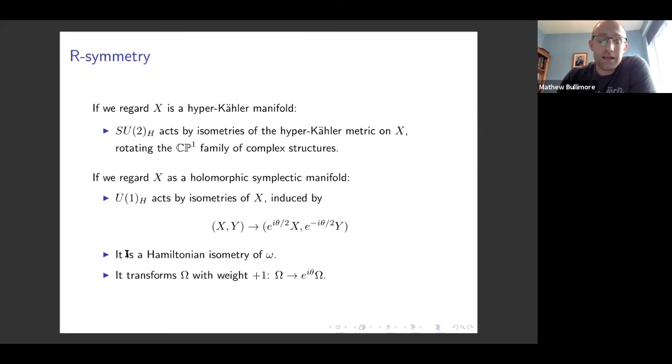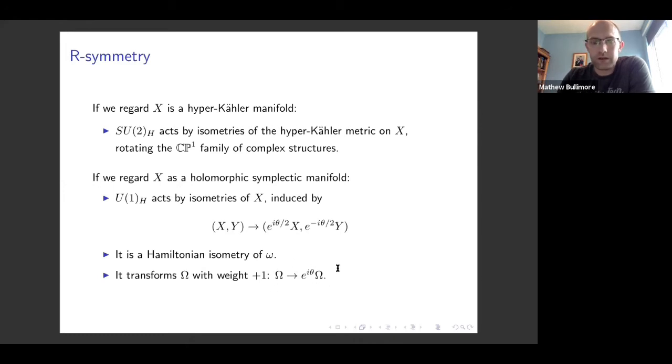The first thing to say is that this symmetry leaves the Kähler form invariant. In fact, it's a Hamiltonian isometry. On the other hand, it transforms the holomorphic symplectic form non-trivially with weight 1.